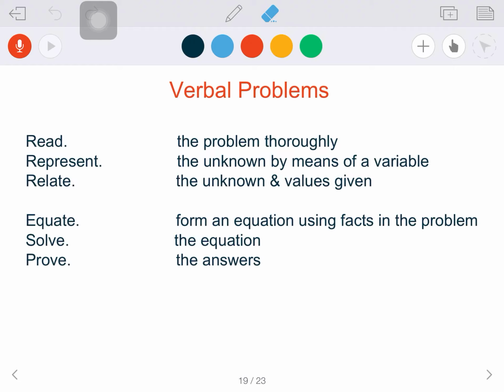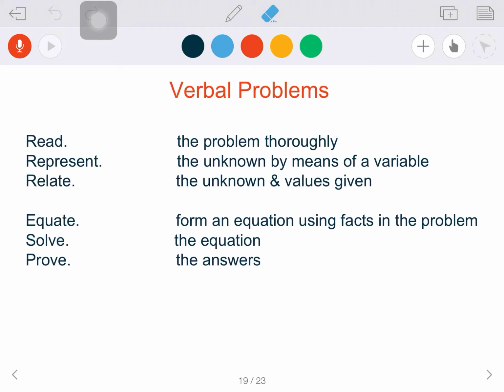Now, here in verbal problems, we are going to categorize the problems that we're going to solve. And before we go to the first type or category of the word problem, we first go over the strategy that we're going to use.